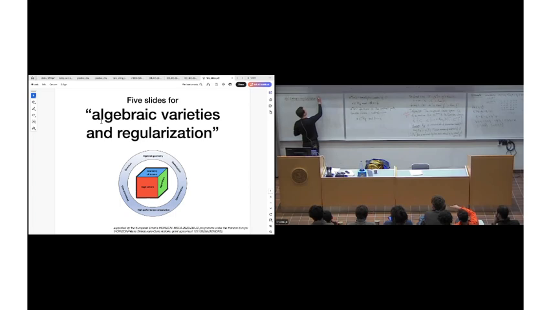This is from a paper with Sturmfels, François-Xavier Vialard and Max von Renesse.